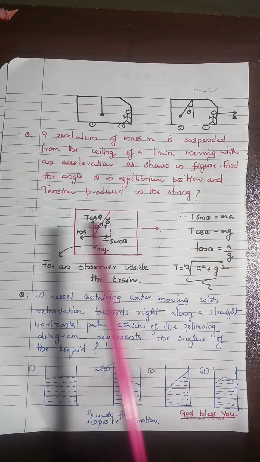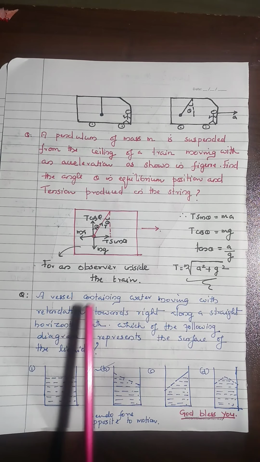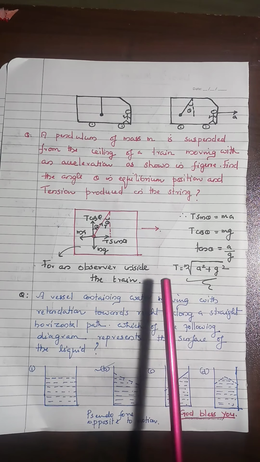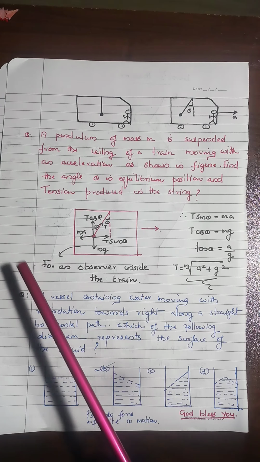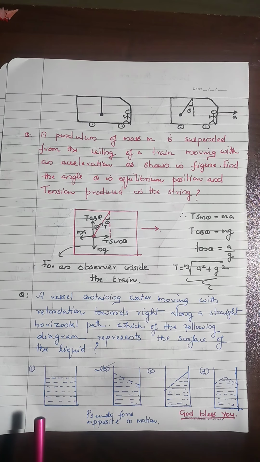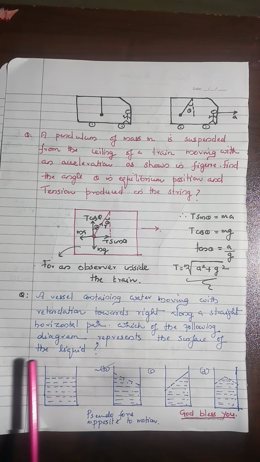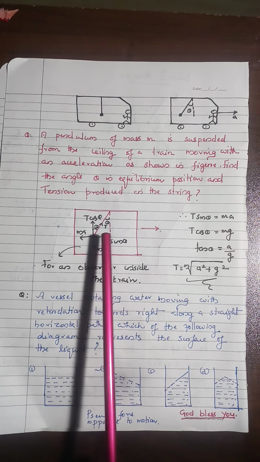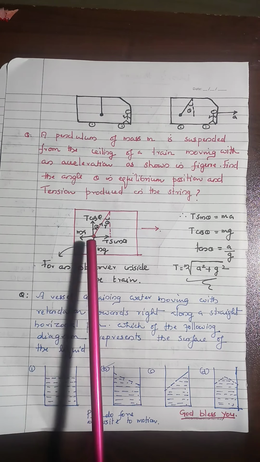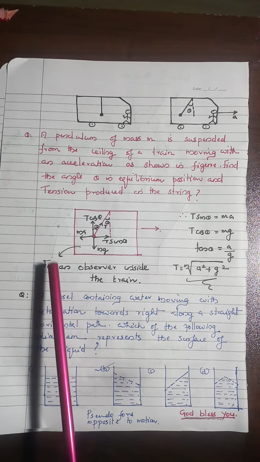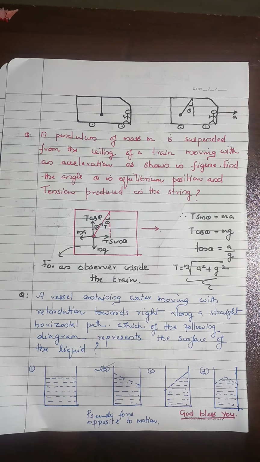We get tan theta equal to a by g. The tension is simply the resultant of ma and mg. You get the value. But keep in mind that this applies only for an observer inside the train, not for an outsider.